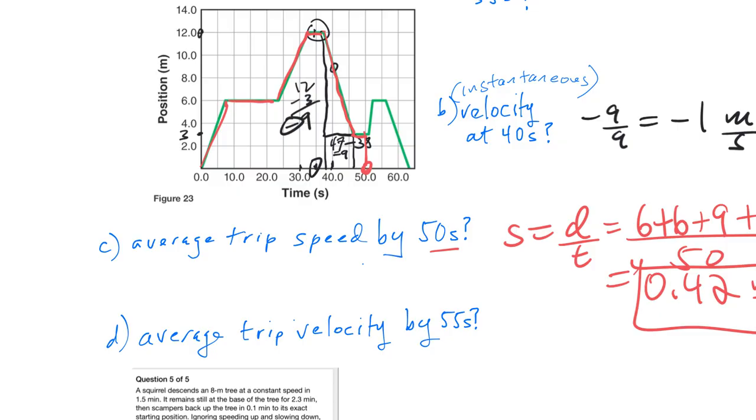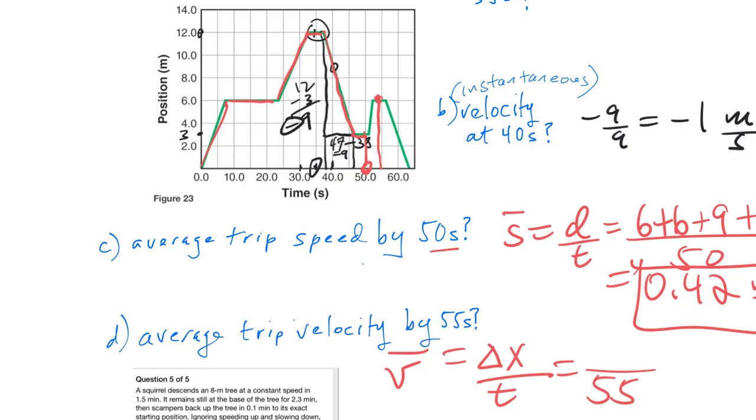Okay, so next thing they're asking is average trip velocity. So that'd be the displacement over the total time. So over 55 seconds, what's the displacement? When you get to 55, that would be right here. Okay, so all you do, displacement is final position minus original position.